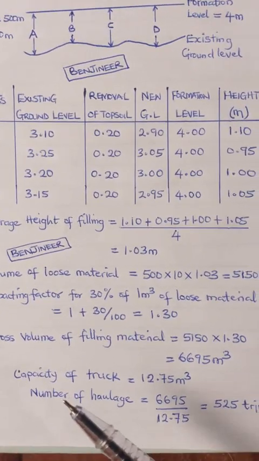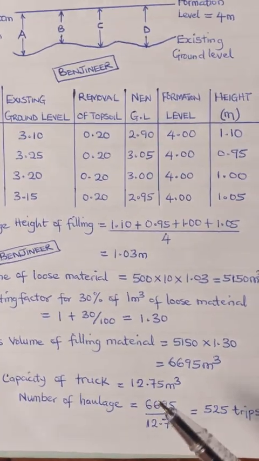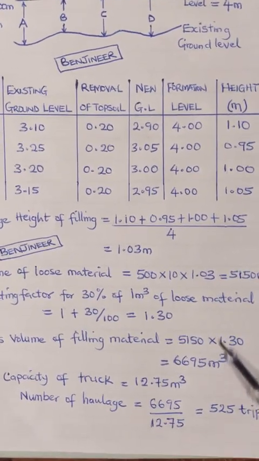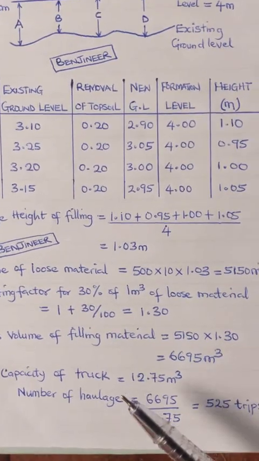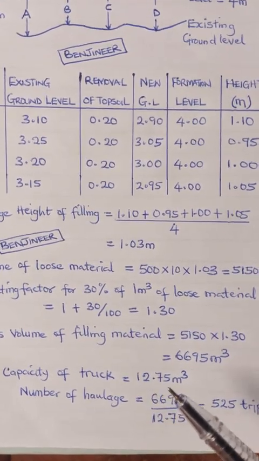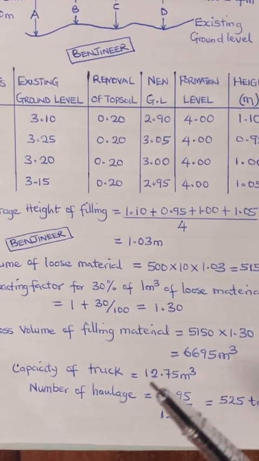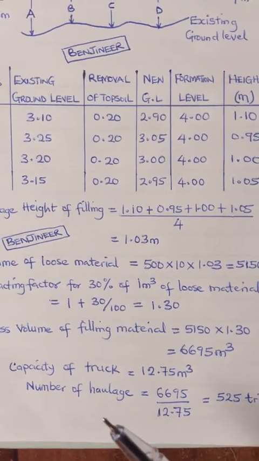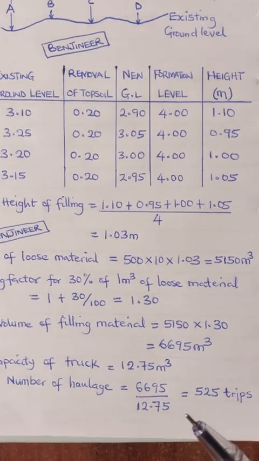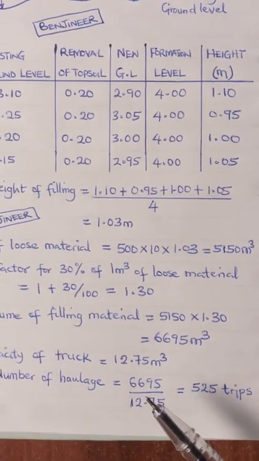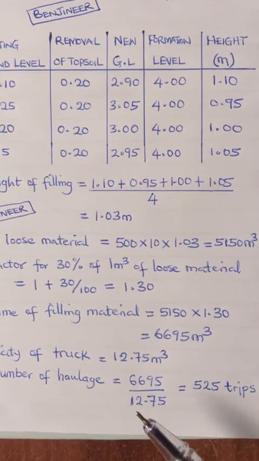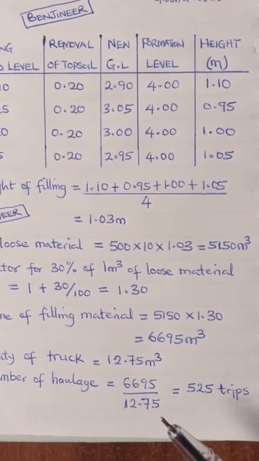Then understand that the capacity of our truck, in this context, depends on the size of the truck you intend to haul this material with. In this case, I'm using 12.75 cubic meters as the capacity of the truck. So the number of haulage will now be 6,695 divided by 12.75.